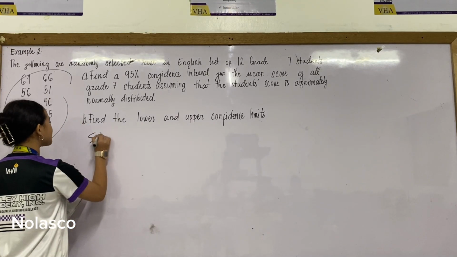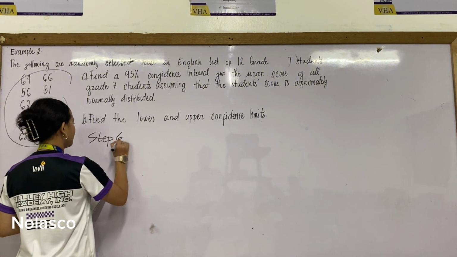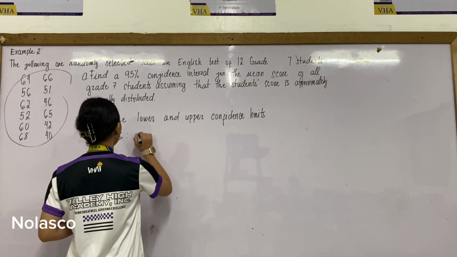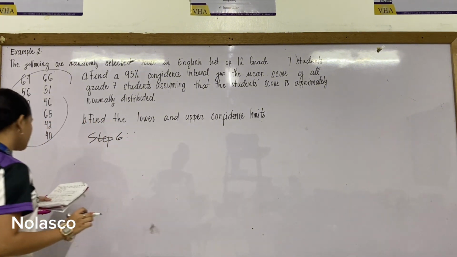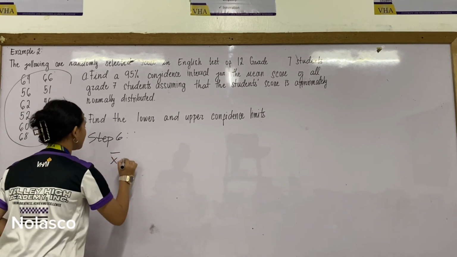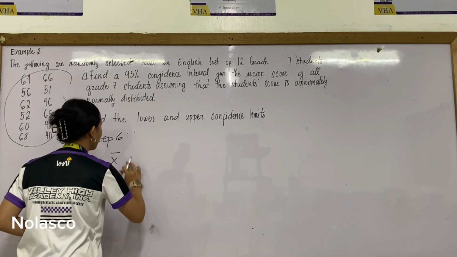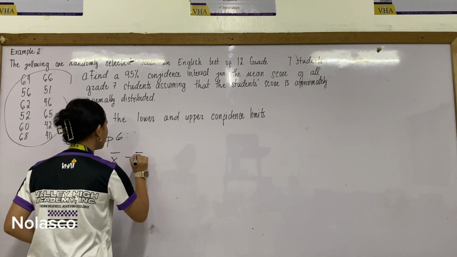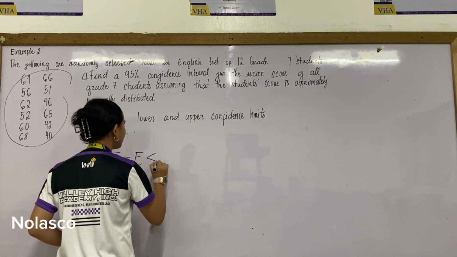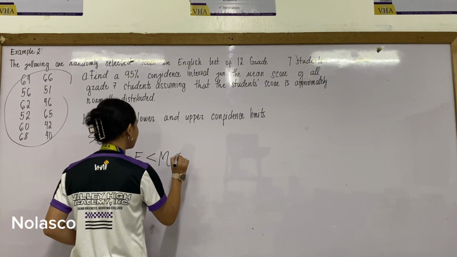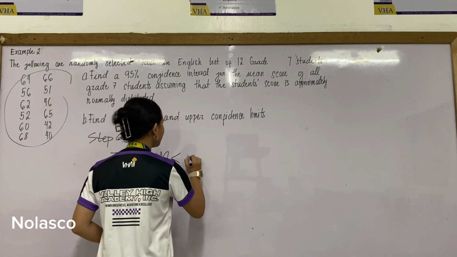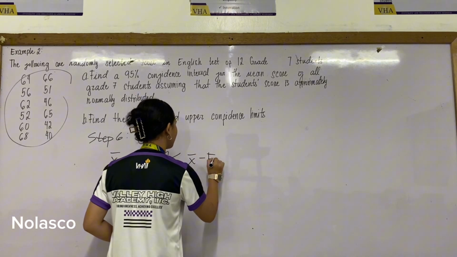In our step 6, we need to find the confidence interval. So sample mean minus margin of error is less than population mean, which is less than sample mean plus margin of error.